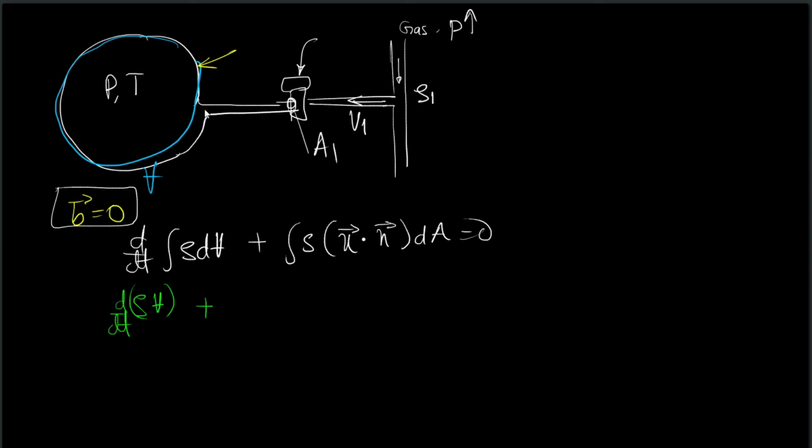plus, now if this is the control surface at this point, the gas coming in has a flux through this, but the area vector is in this direction. So it will be plus rho 1, because the incoming density is rho 1, times minus v1, times a1, equal to 0.